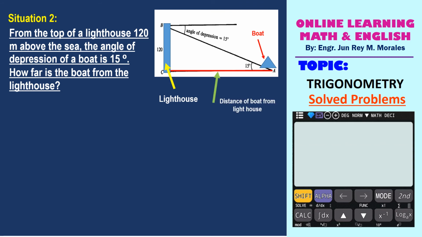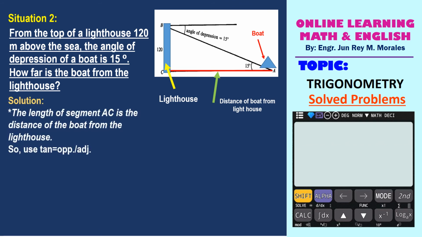Looking at the drawing, the segment AC is the distance of the boat from the lighthouse. By inspection, we are given the angle of 15 degrees, its opposite side which is 120 meters, and the adjacent side, the required segment AC. Given all these, we need to use the formula of tangent.